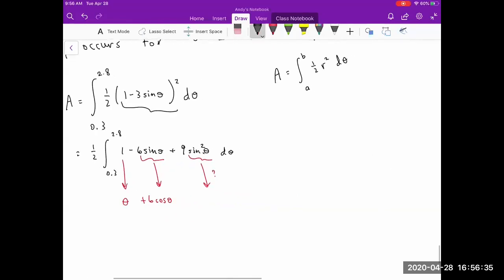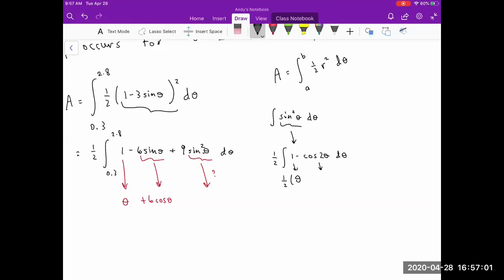Well, let's take a look. The antiderivative of sine squared, if you recall, you would need the half angle formula or the power reducing formula. So remember, sine squared is 1/2 times 1 minus cosine of 2 theta. Antiderivative of 1 is theta.